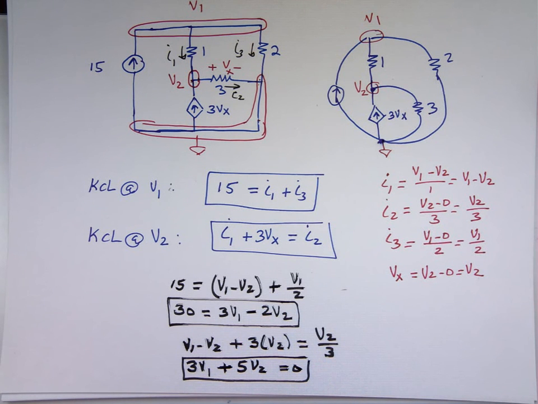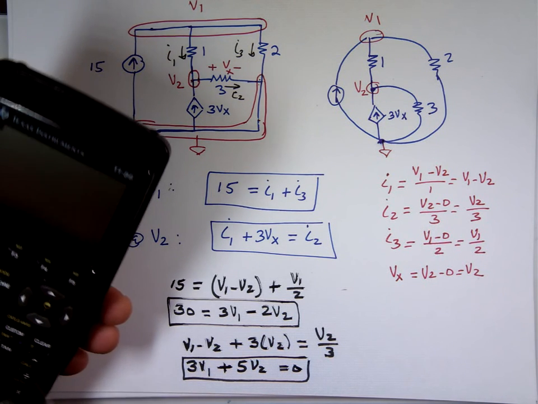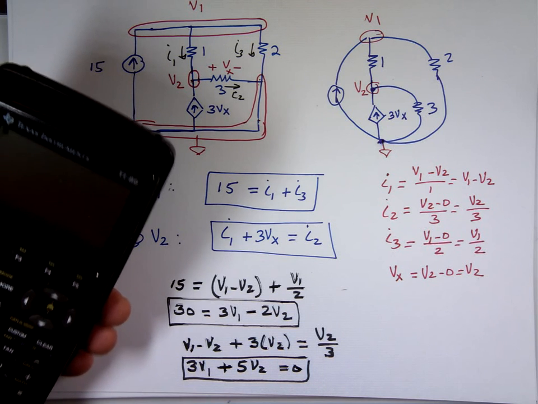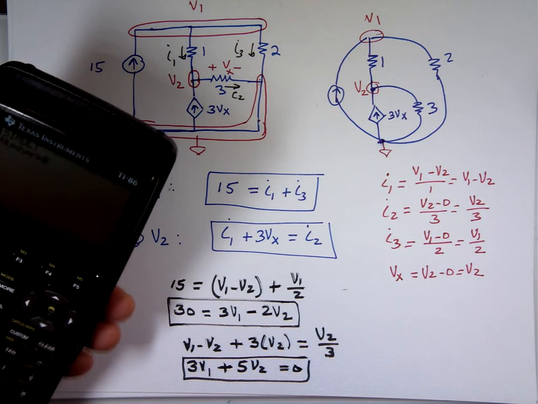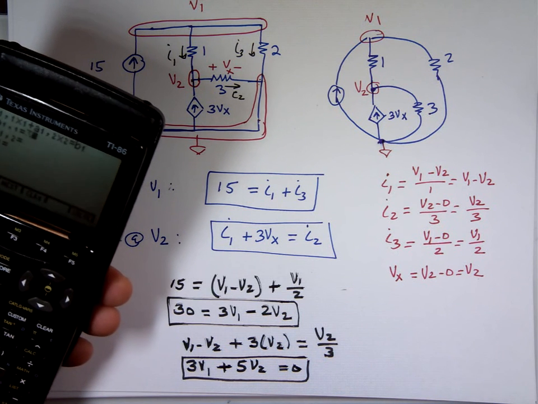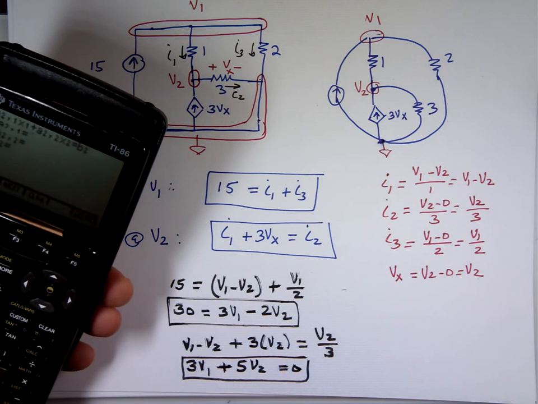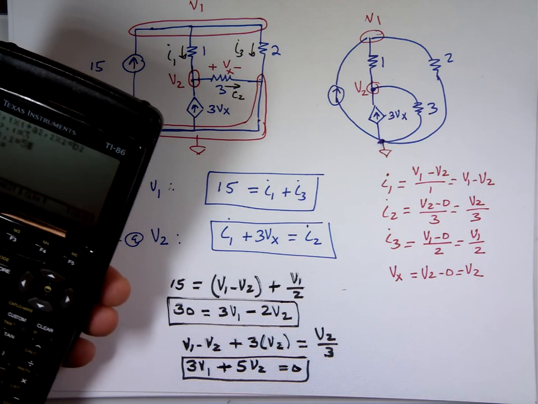I can go to my calculator quickly here while I'm on this page. I go simultaneous. Tell them it's 2 equations by 2 unknowns. And the first one, 3, negative 2, 30. The next one, 3, 5, and 0. Solve.